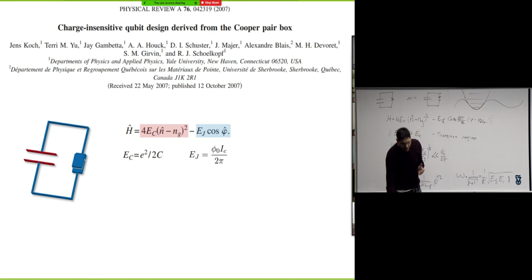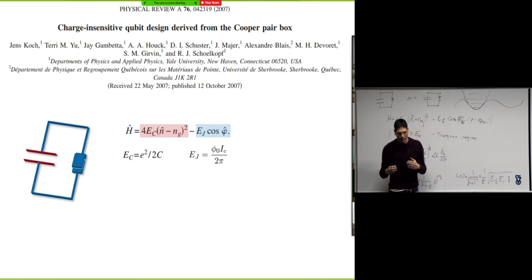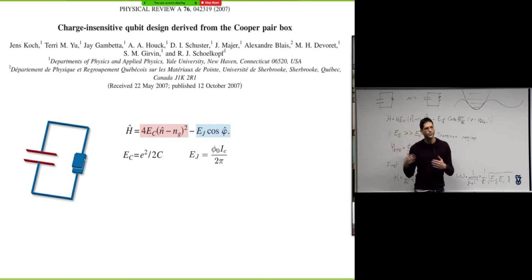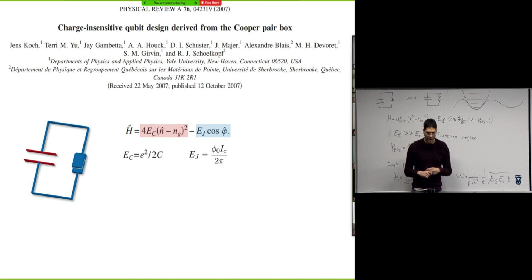If you go even further to shunting junctions, you can add more and more Josephson junctions and go into even more interesting regimes where you can play around with the coupling of these energy levels and suppress some and get some suppressed transitions. And these lead you to more interesting and more recent research works that deal with the topological protection of these qubits.